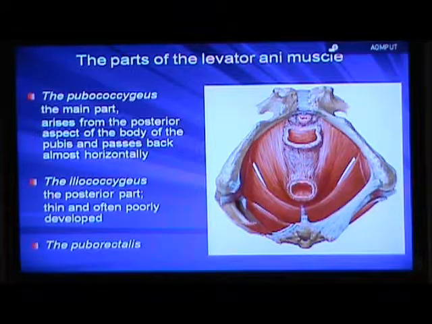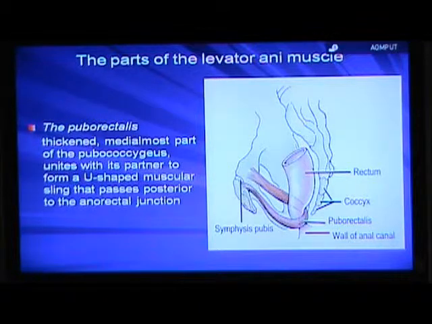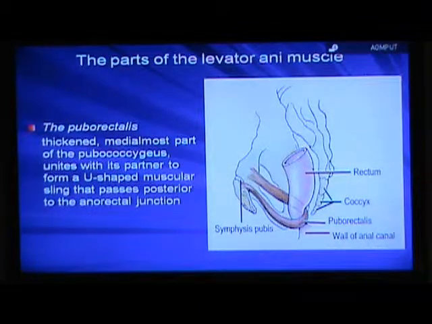The puborectalis is the thickened, medialmost part of the pubococcygeus. It unites with its partner to form a U-shaped muscular sling that passes posterior to the anorectal junction.